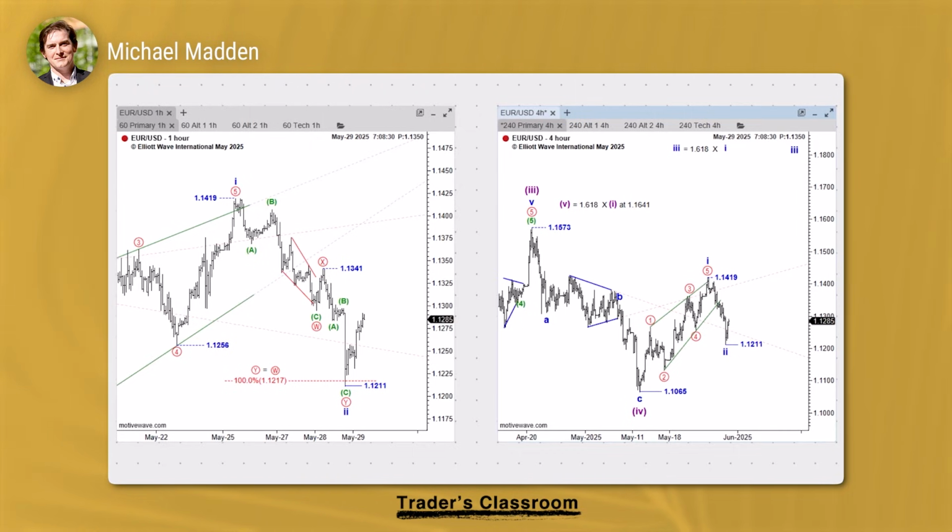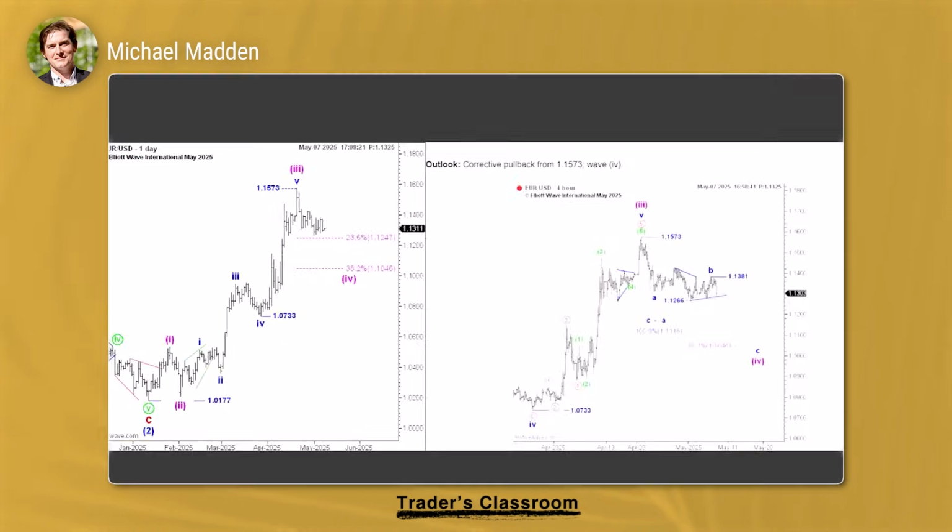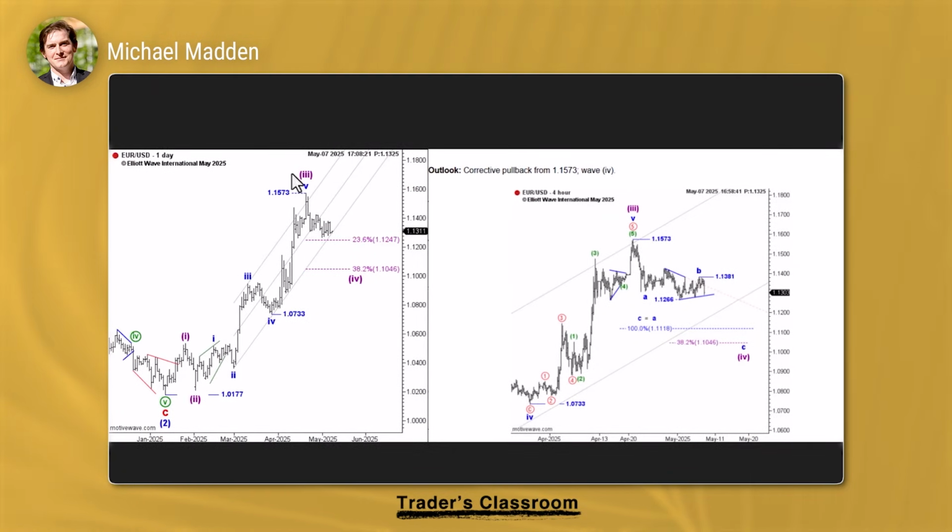So just to look at some other markets, or before we actually move from Euro US dollar, I have an example here of that, just to show it in real time where we were looking at the fourth wave pullback. So this is the daily chart back in May 7th, and we've got our Fibonacci retracements for the third wave. But the projections and expansions is what we want to talk about in this video.